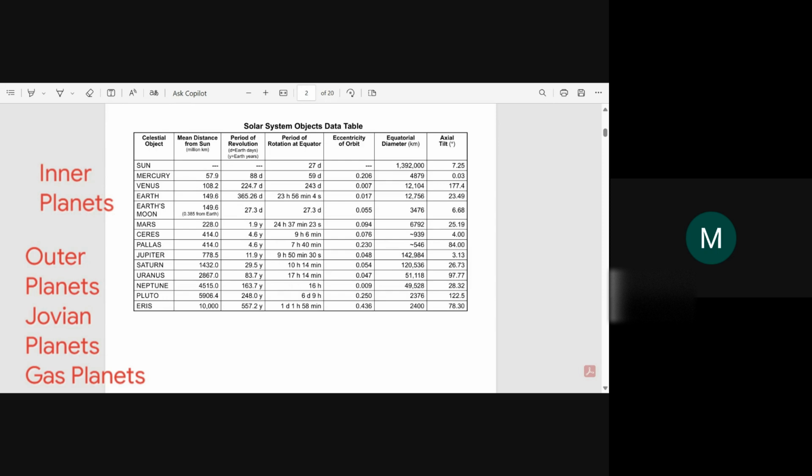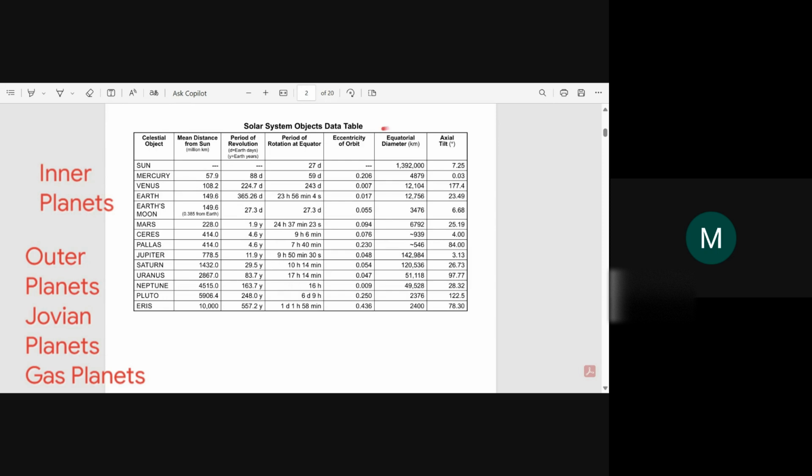So the higher the value, the more elliptical it is, the more elongated. Whereas a smaller value, closer to zero, for example Mercury's 0.007, means closer to a circle. There isn't a direct relationship between the distance from the sun and eccentricity. It's really based on that particular planet's orbit.